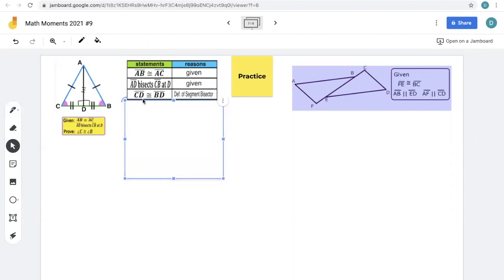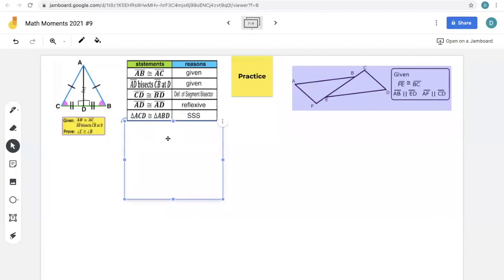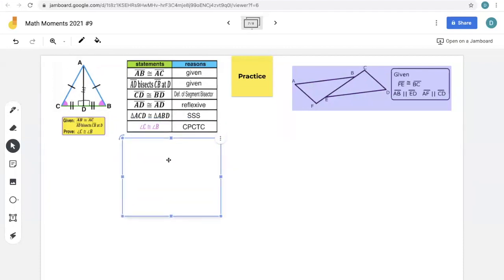They also said that CD and BD are congruent, and we went over that already. And then here's the reflexive property that they're showing: AD is congruent to AD.